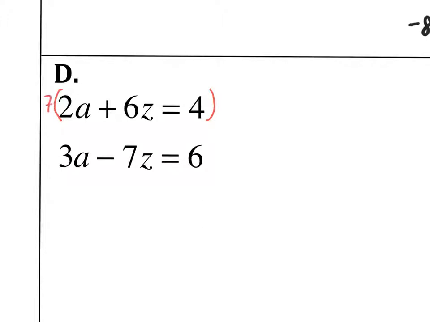So if I multiply the top by 7, I get 14a plus 42z equals 28. Now, multiplying the bottom by 6 will give me 18a minus 42z equals 36.